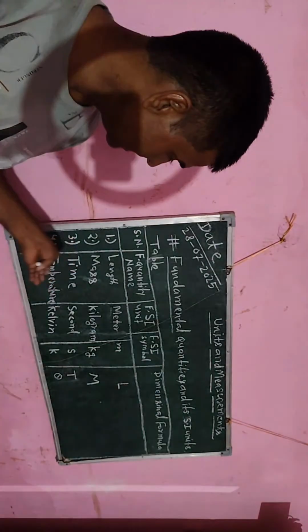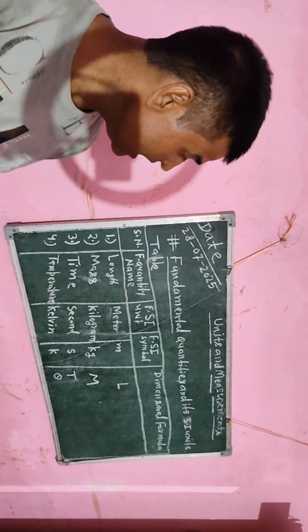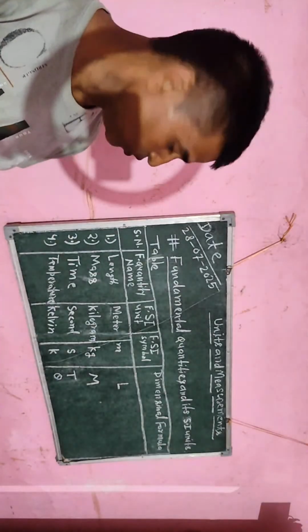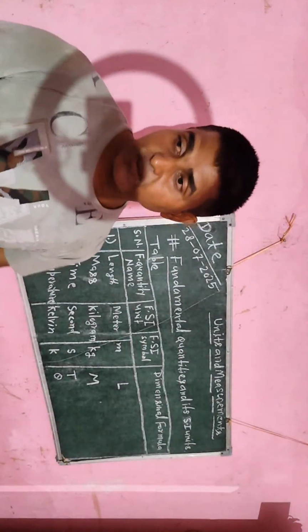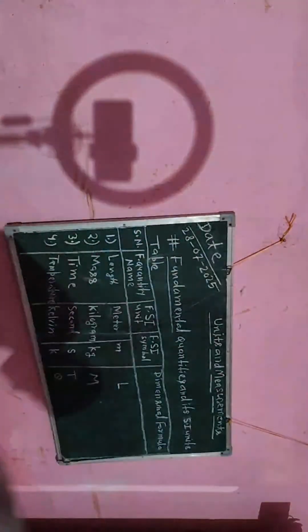Now I am going to erase this, and after erasing I will explain the next topic. First of all I have to eliminate all this information in the proper way.